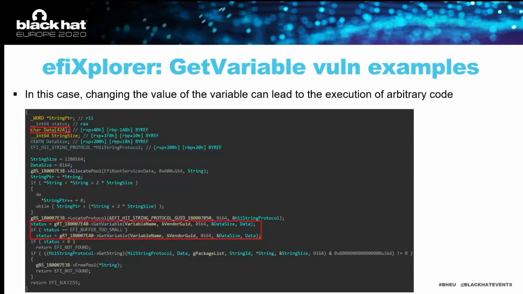One of them tries to get the value of the environment variable, then it checks whether UEFI buffer too small is returned, but then it never checks that the updated data size is actually smaller than the actual amount of data allocated on the stack for the data variable. If this variable is controlled by an attacker, then this is going to be a very straightforward buffer overflow.